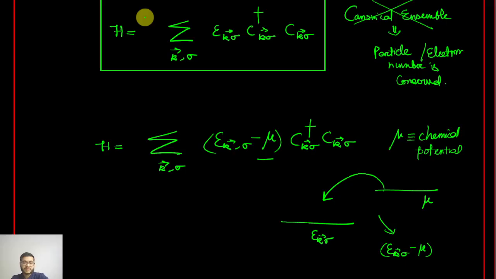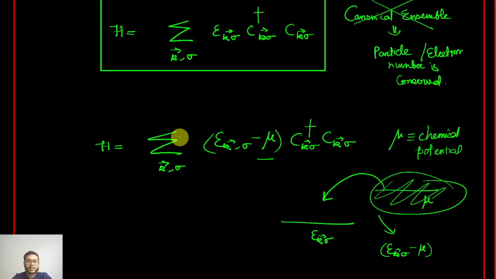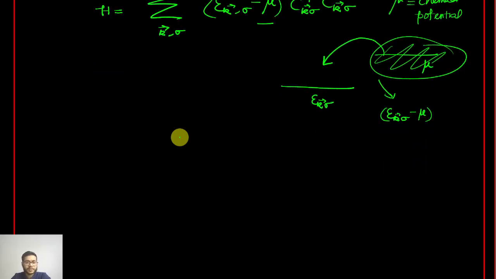So that is what we are doing here. This is called the grand canonical ensemble, where we can bring electrons in or dispose of electrons to an electron bath, where all electrons have energy mu. Okay.